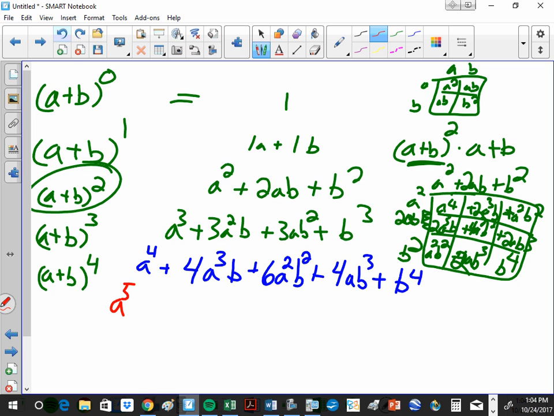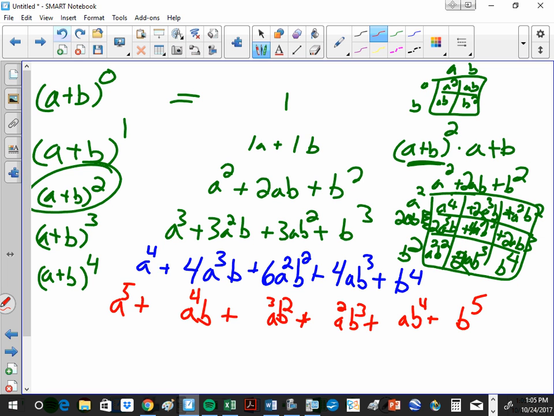A to the fifth plus something a to the fourth b plus something a to the third b squared plus something a squared b to the third plus something ab to the fourth plus b to the fifth.